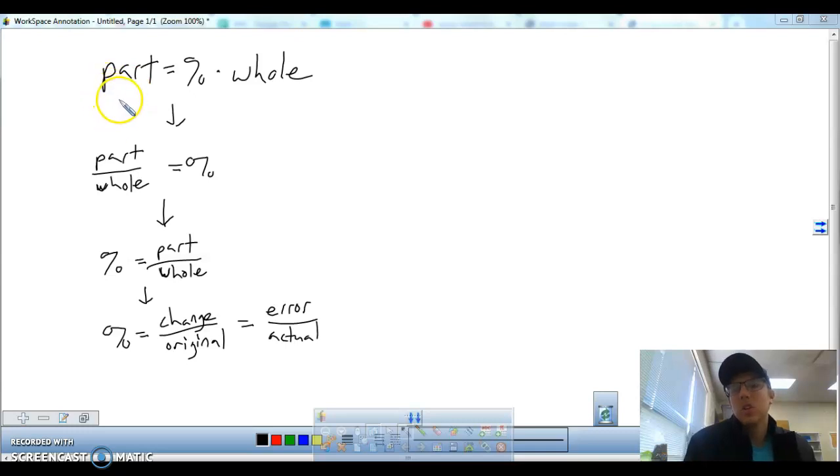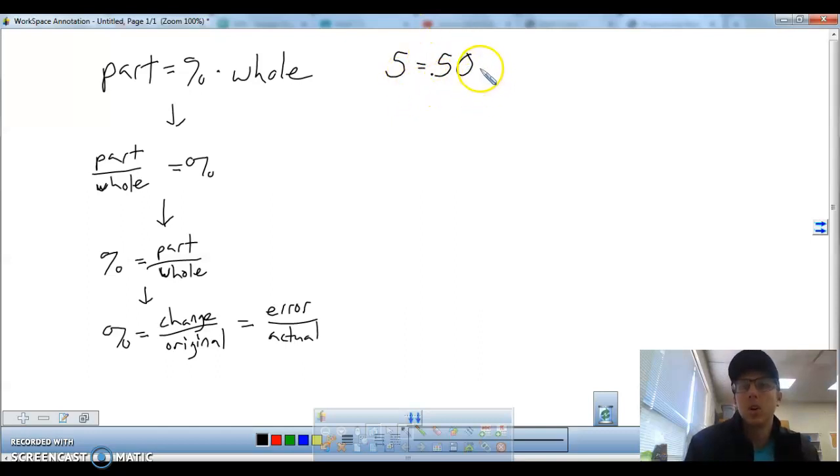Remember the original equation or relationship between things for percentages is a part of something is just equal to a percent of the whole. So if we plugged in numbers to describe this, and I'll keep them simple numbers, if 5 is the part, and remember 50% is just a decimal, you move the decimal spot 2 spots, so it's actually 0.50 or 0.5.